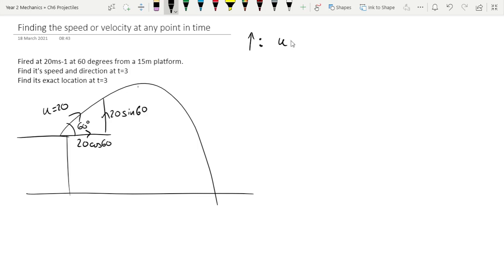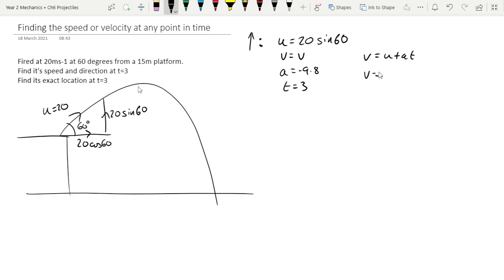So vertically, u is 20 sine 60. We want to find its speed, so I'm going to say that v is v. A is minus 9.8 because we're looking vertically, and we know that we're looking 3 seconds in. So v equals u plus at.